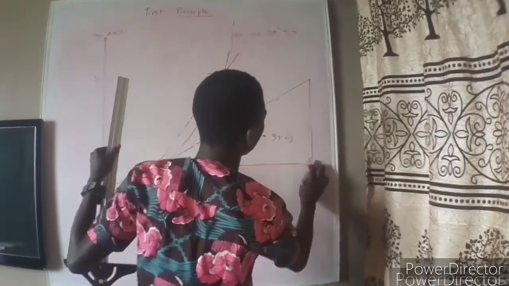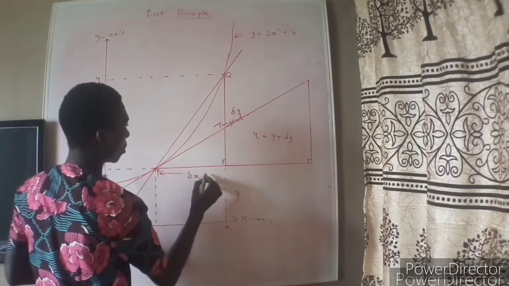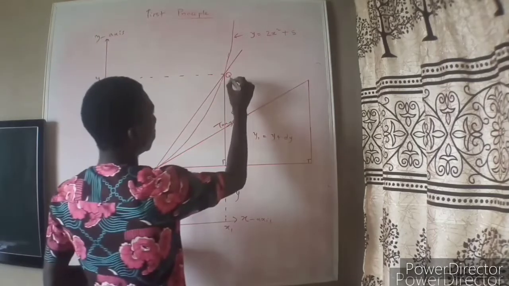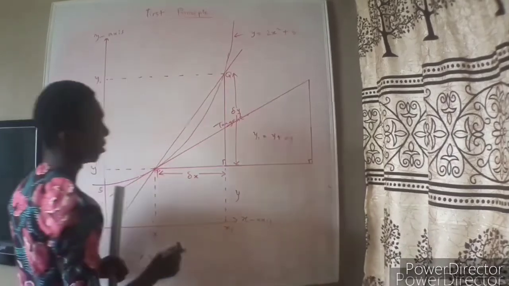This is a right angle triangle. So from here to here is change in y. Then from here to here is change in x.